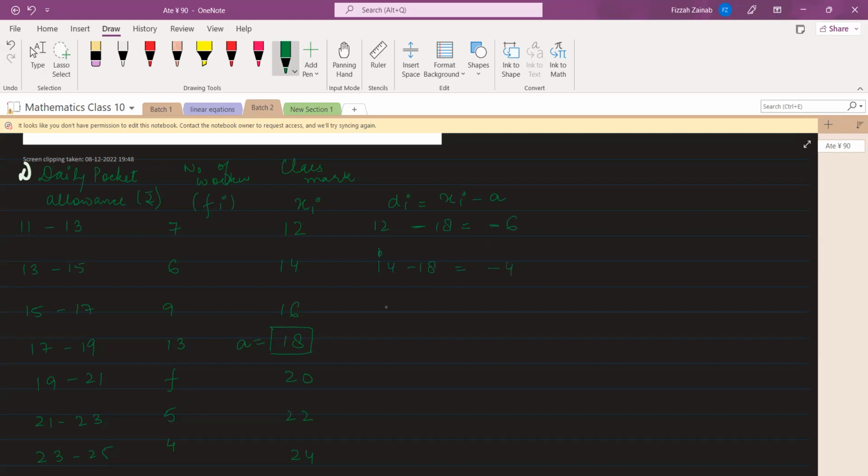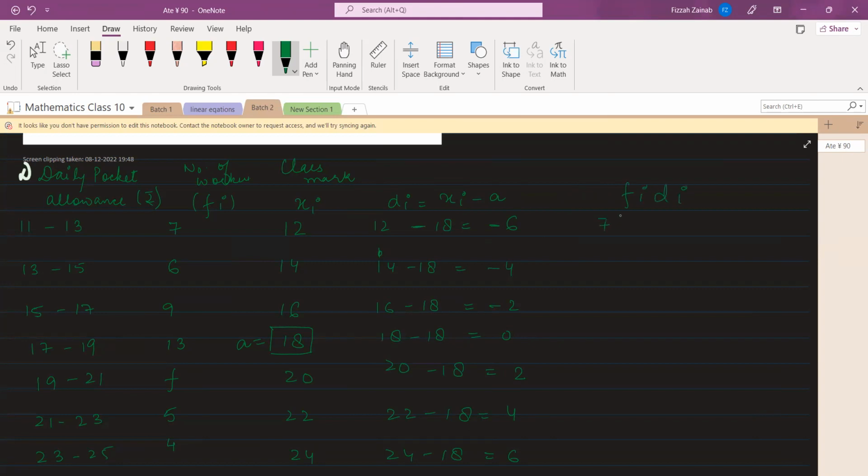So minus of 4. Then 16 minus 18, which is minus of 2. 18 minus 18, 0. 20 minus 18 is 2. 22 minus 18 is 4. 24 minus 18 is 6. Yeah, you get di.